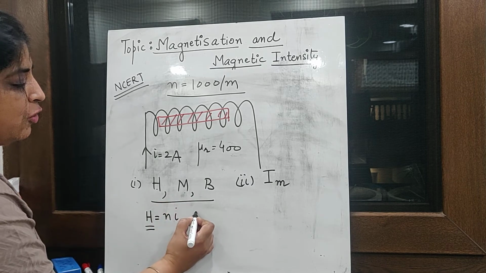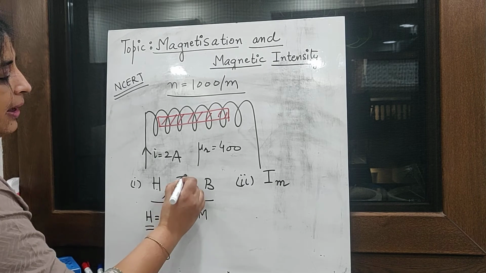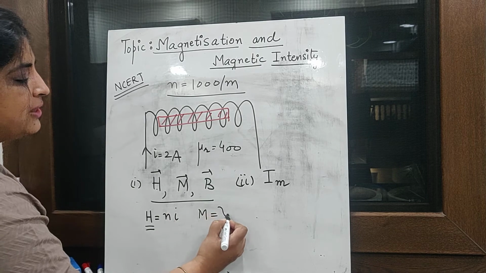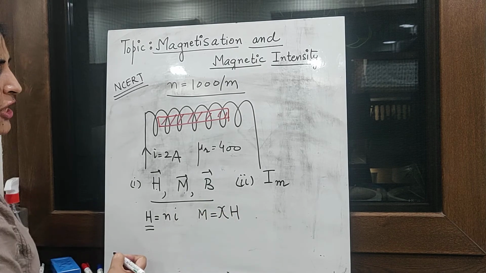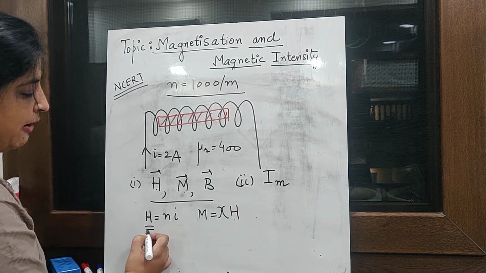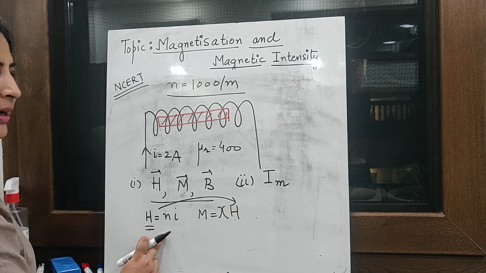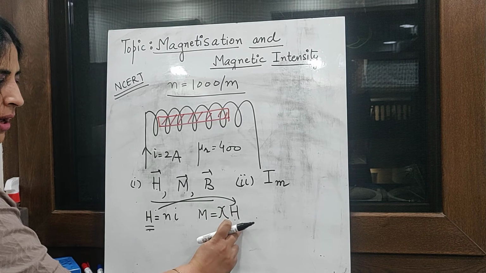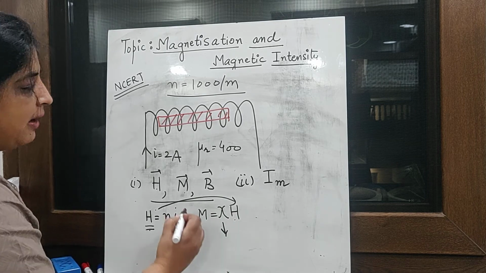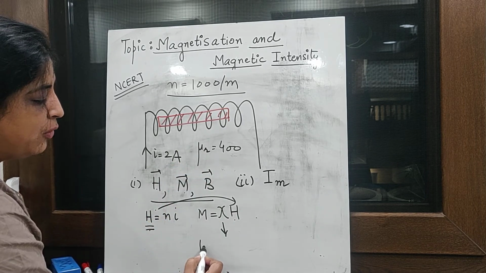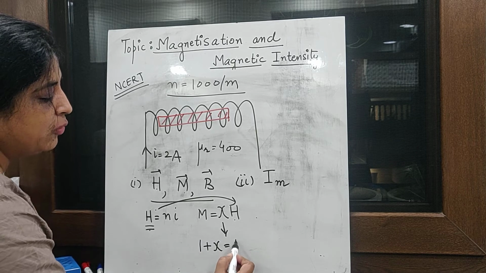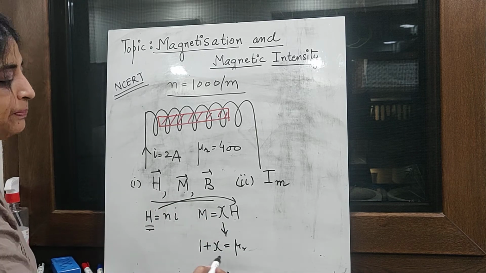Then further, in order to find M, you have just now learned that M is equal to chi into H, and H you have calculated from here, so you can substitute the value. And chi, we just now derived that 1 plus chi is equal to the relative permeability.